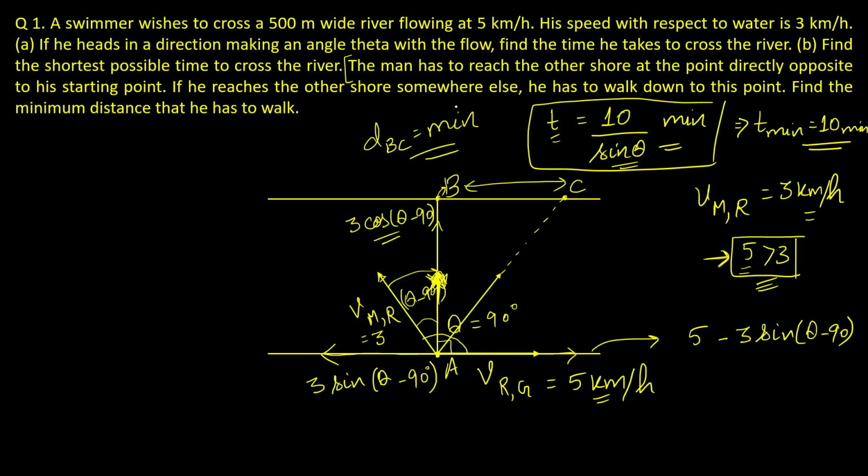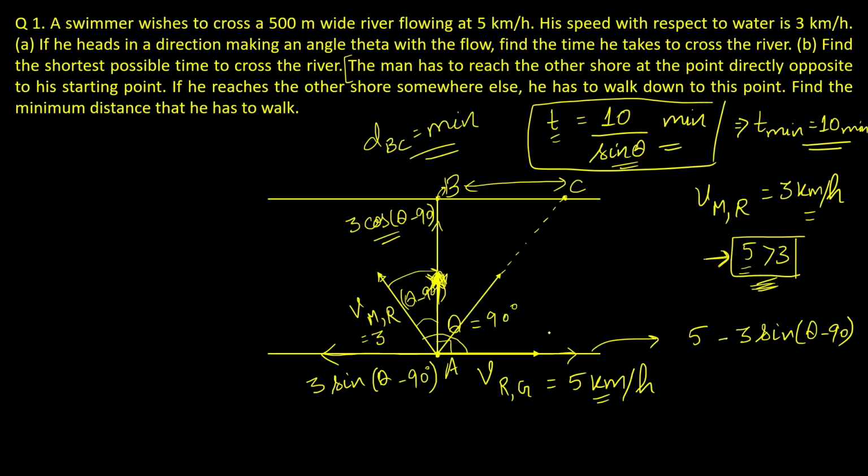If he reaches the other shore somewhere else, suppose at point C, then he has to walk down to this point B, and find the minimum distance that he has to walk, because H.C. Verma sir already knew that 5 is greater than 3.